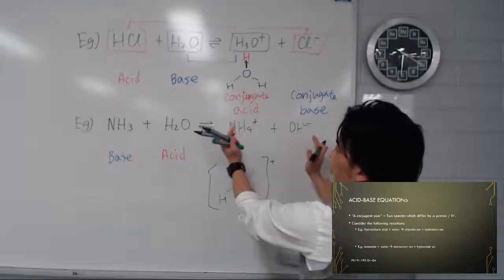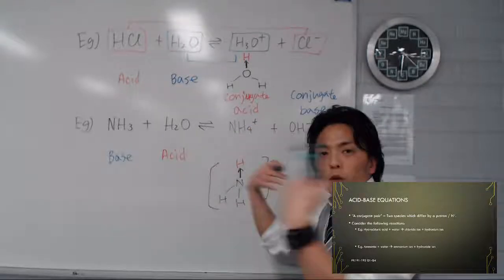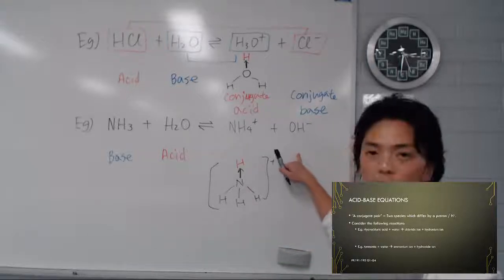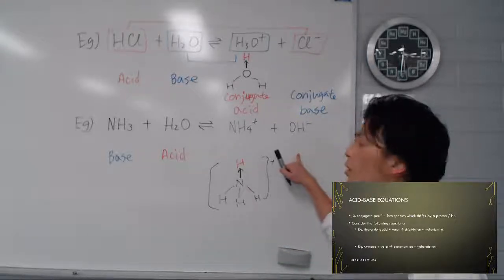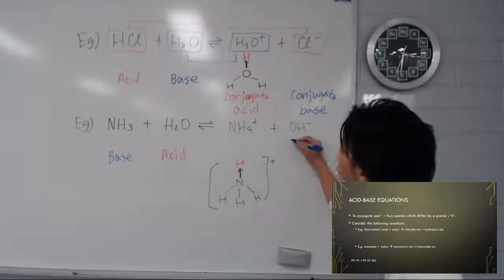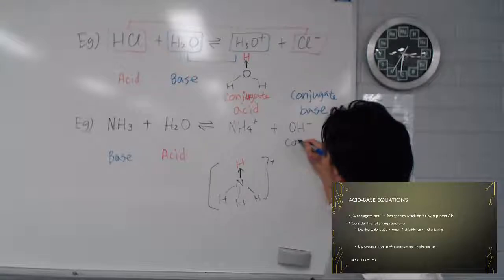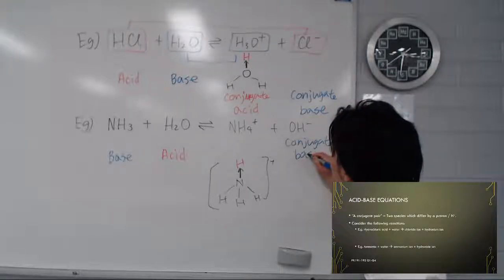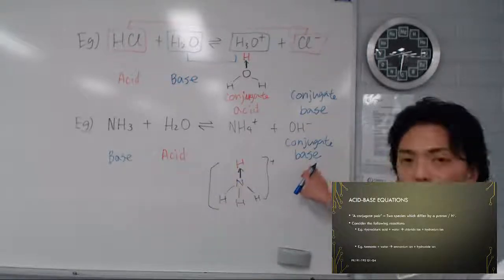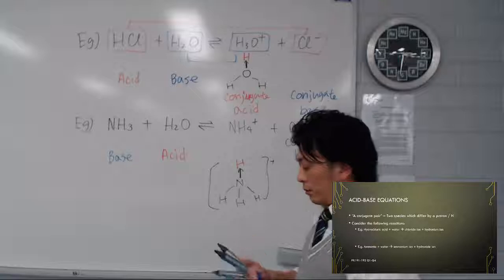If you look at this pair as the reactants for the backward reaction, OH minus here would be an acceptor of a proton, so this will be considered a base. This is the conjugate base, and that's a conjugate acid-base pair.